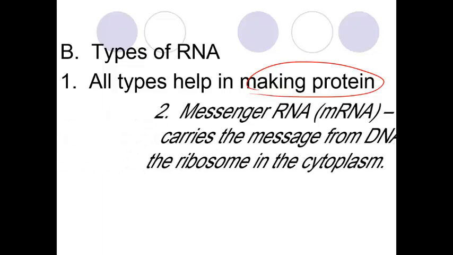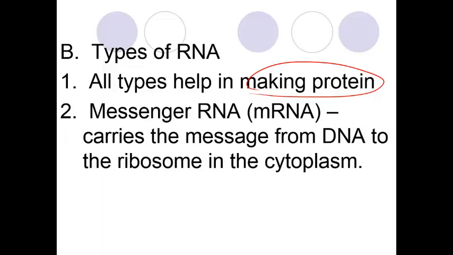The first type is called messenger RNA, and we're going to abbreviate that with an M. So when you hear me say mRNA, I'm talking about messenger. And this is the one that carries the message from DNA, which is where those genes are located, and it carries that coded instruction out to the ribosome in the cytoplasm.